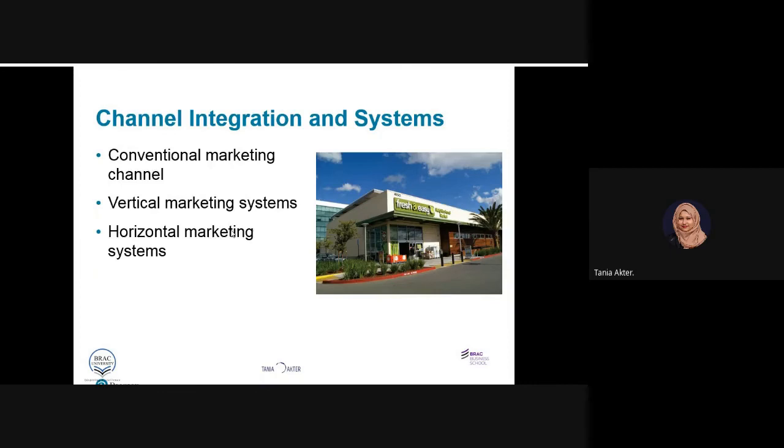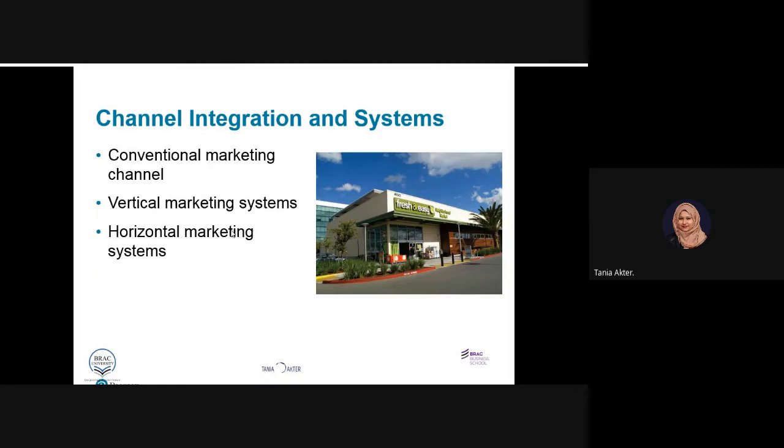But in vertical marketing system, we're saying it can be the producer, wholesaler, or retailer. So they are acting as a unified system. One channel member, the channel captain, sometimes called a channel steward, owns or franchises the others or has so much power that they all cooperate.